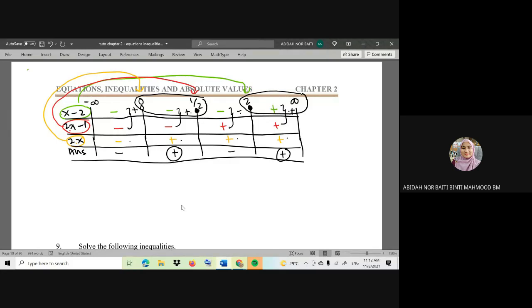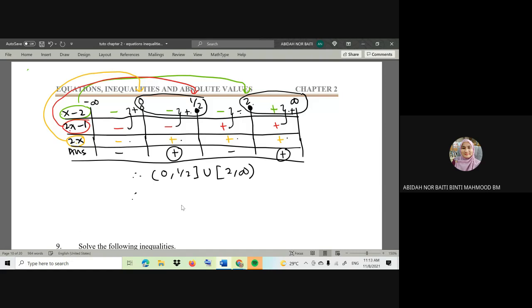Therefore, your interval notation is, so here we use empty circle, so round, 0, half, squared, union. At 2 we use then circle, so squared 2, round, infinity.